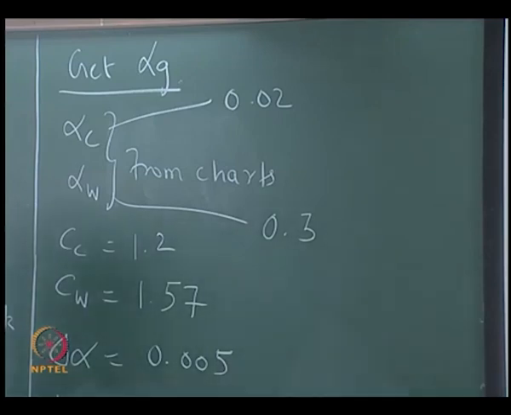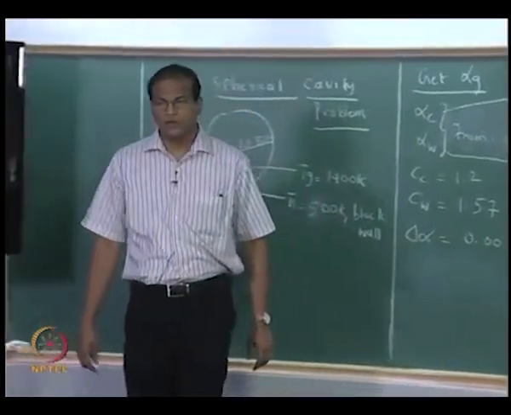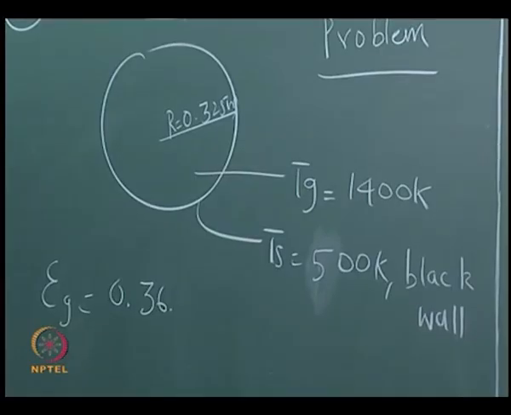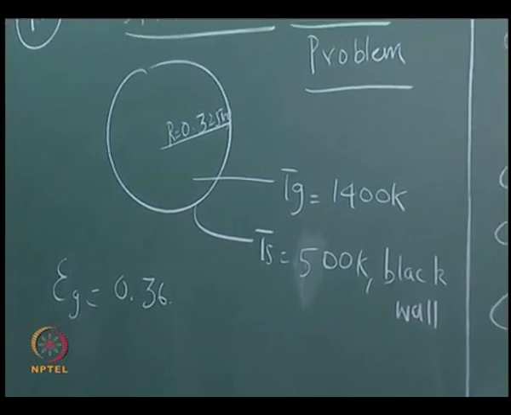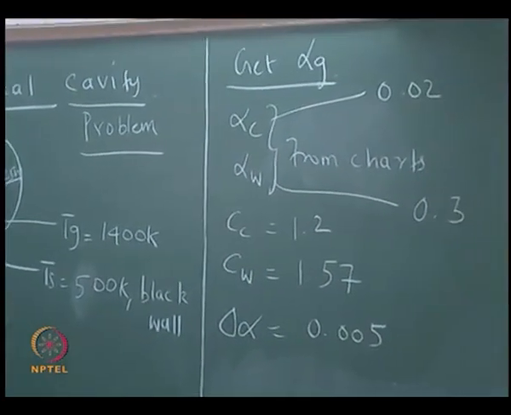So show me what formula did we write yesterday? Alpha CO2 was epsilon C plus into CC into this temperature correction. That CC was not there, we are already calculating based on that.